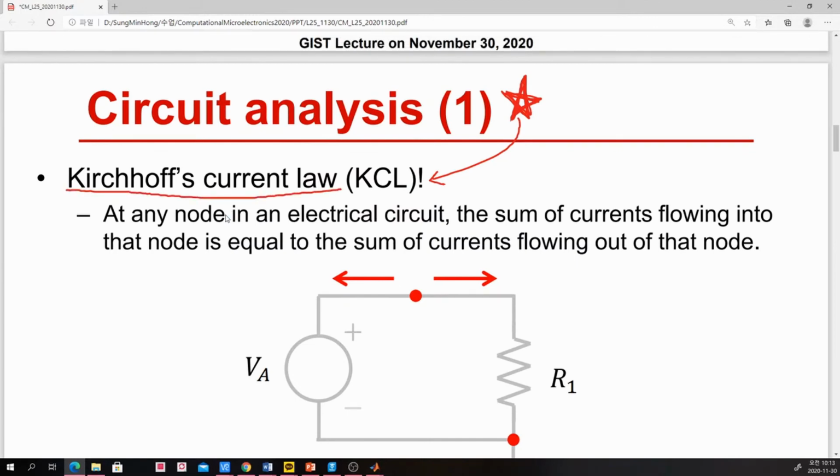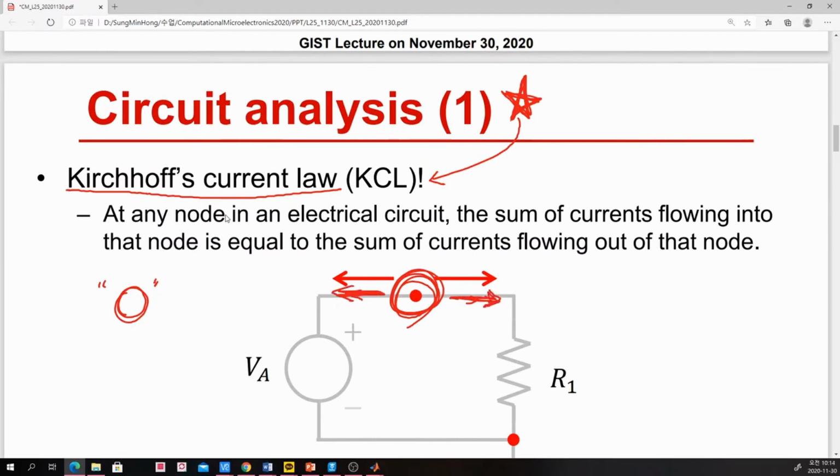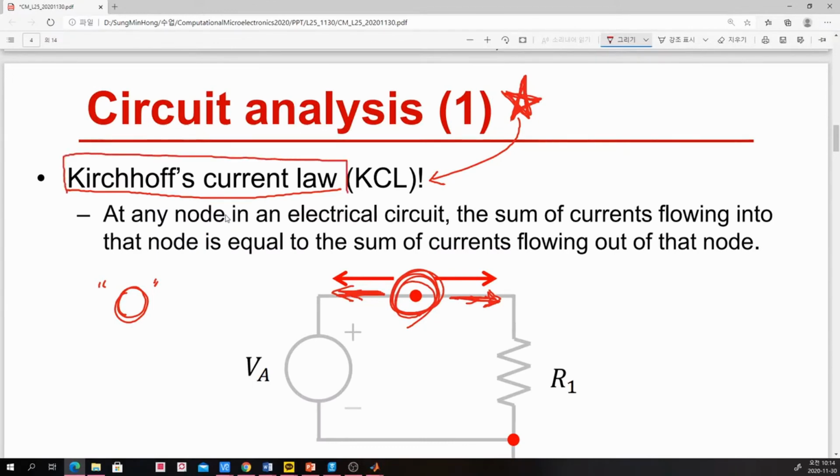So the general rule is always consider a circuit and the sum of outgoing current should be 0. So this current component and this current component should have the same magnitude and different polarity or different sign. That is the meaning of Kirchhoff's current law.